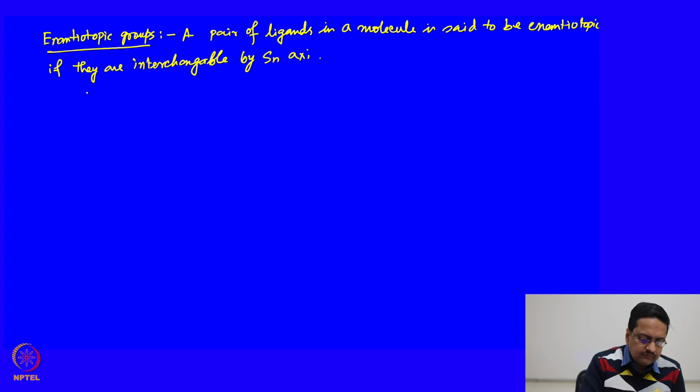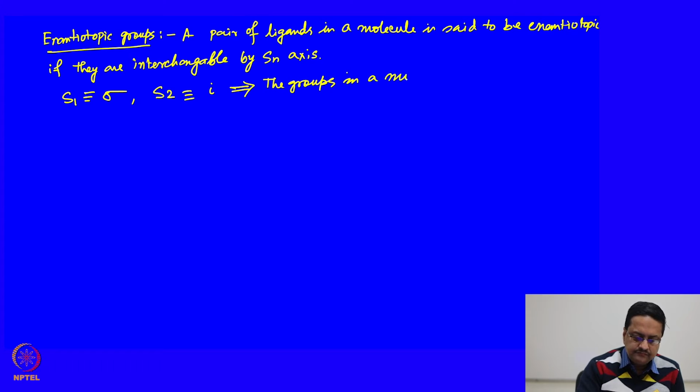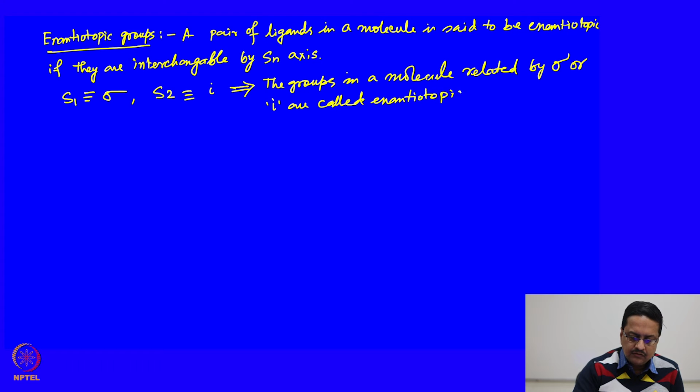As we know, S1 is equivalent to a sigma plane and S2 is equivalent to I. That means the groups in a molecule related by a sigma plane or I are called enantiotopic groups.